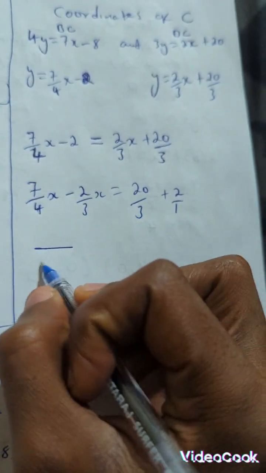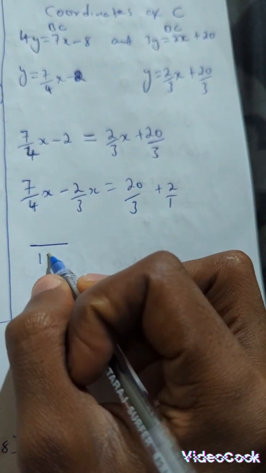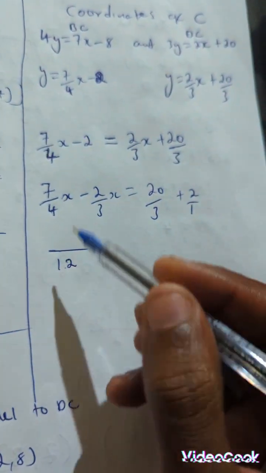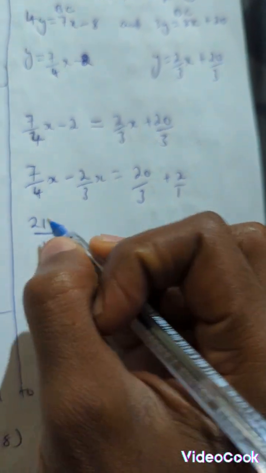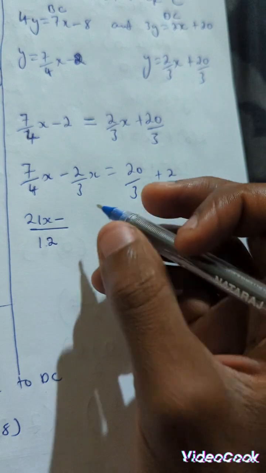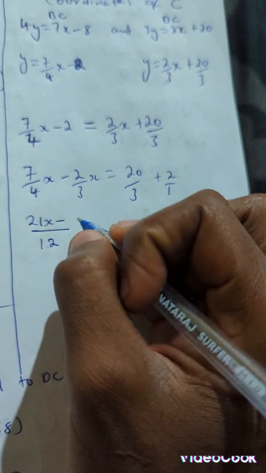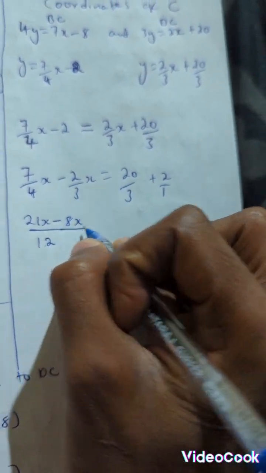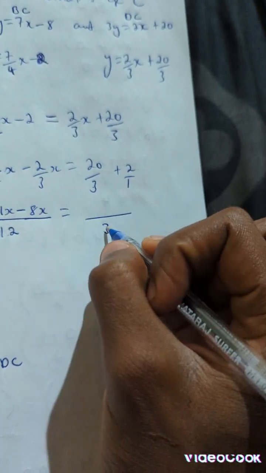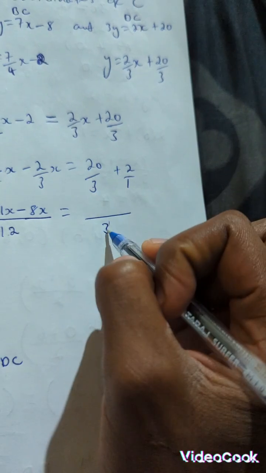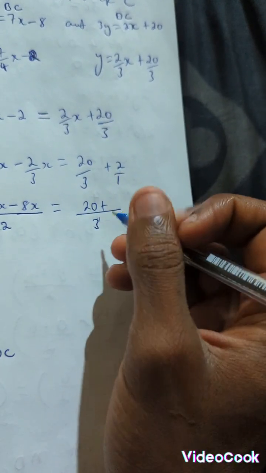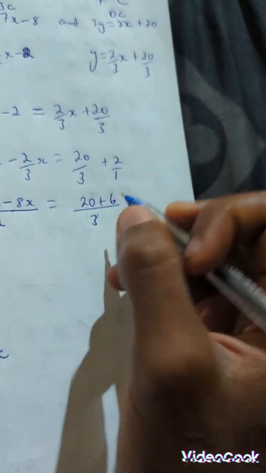We introduce our common denominator here, which is 12. 4 into 12, that is 3 times 7, 21x, minus 4 times 2 is 8x, then is equals to, we do the same within this side, 3 into 3, that's 1 times 20 plus to give us a 6.